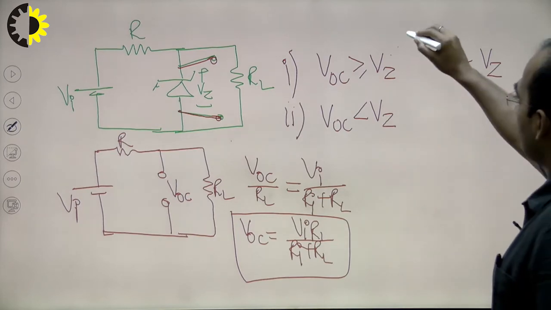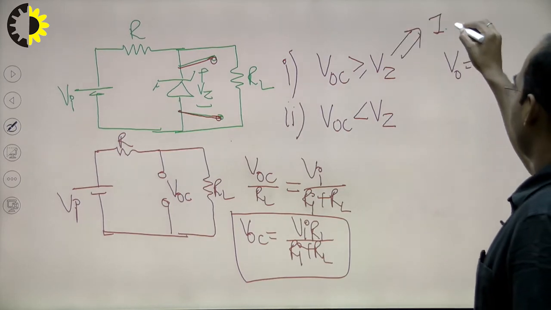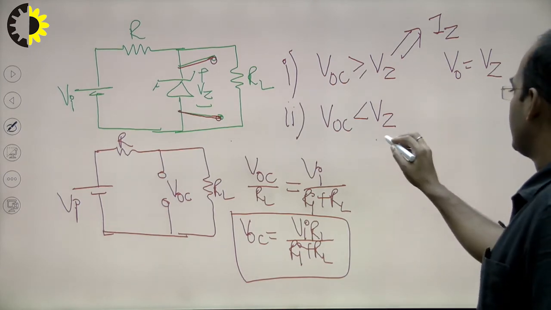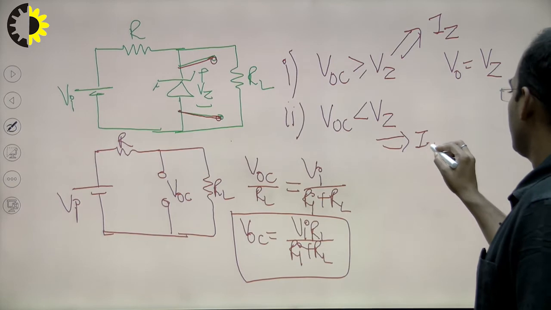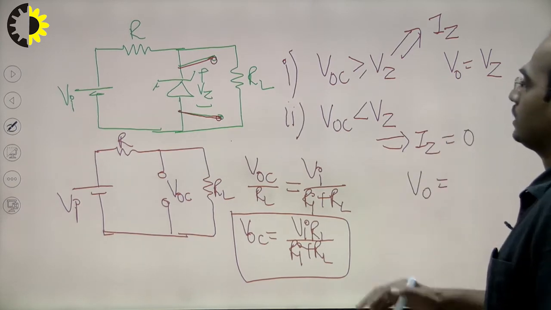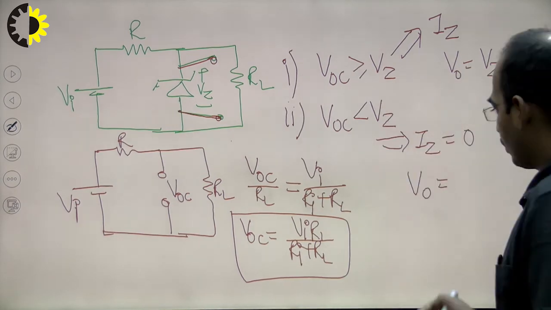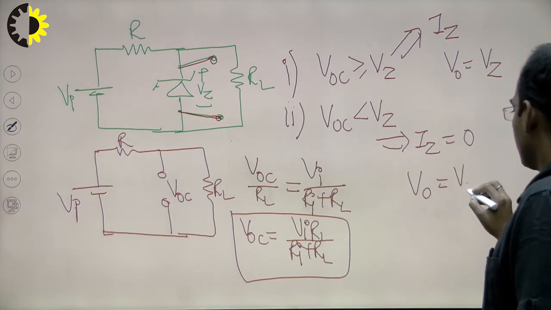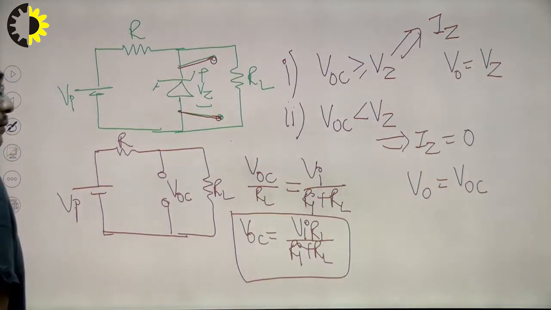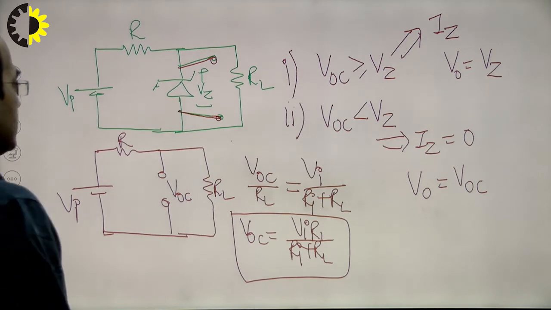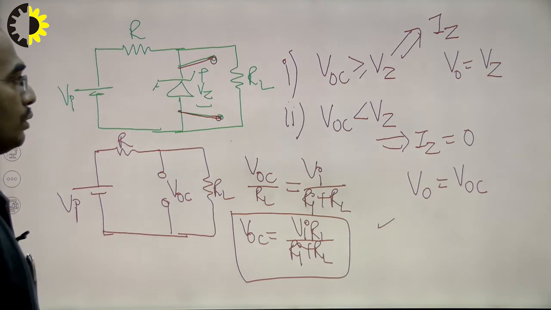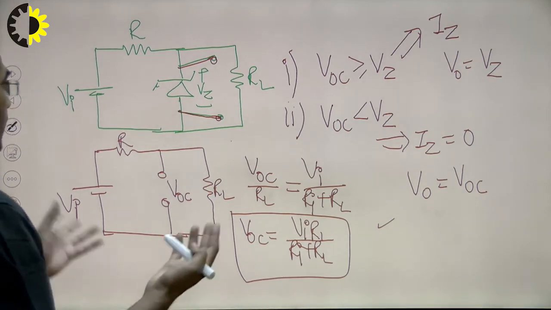The current flowing through the Zener diode will be equal to 0 and the output voltage, or the voltage drop across the load resistance, will be equal to the open circuit voltage. After following these steps, you can simply apply the electrical network solution for finding any parameters.